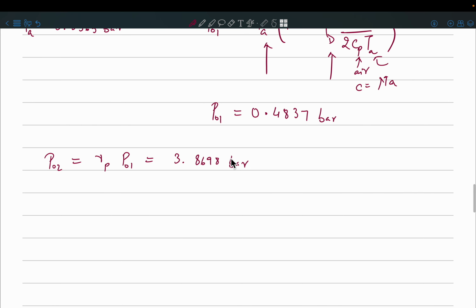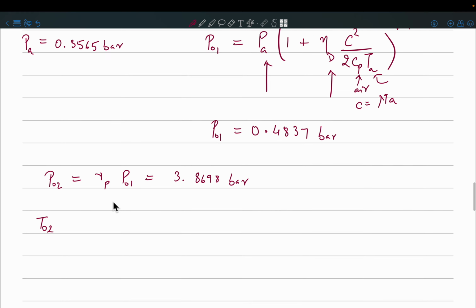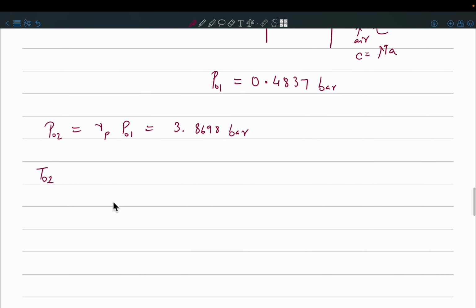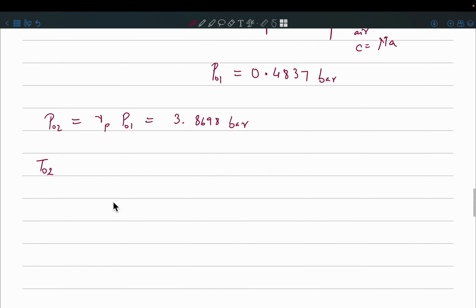Okay, so now comes an important thing. If I have to calculate the temperature at the outlet of the compressor, so what is the next step? I need T02 at the outlet of the compressor. So how do I calculate that? Right, so first you will use the isentropic relation.